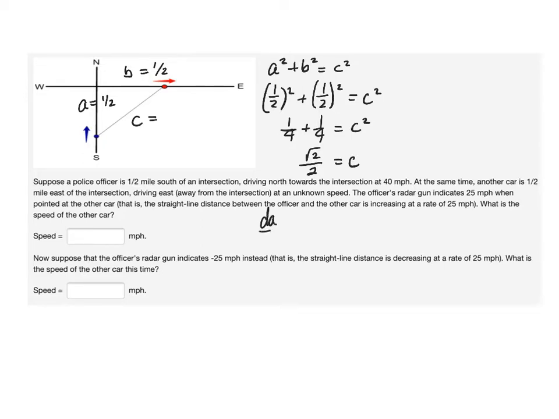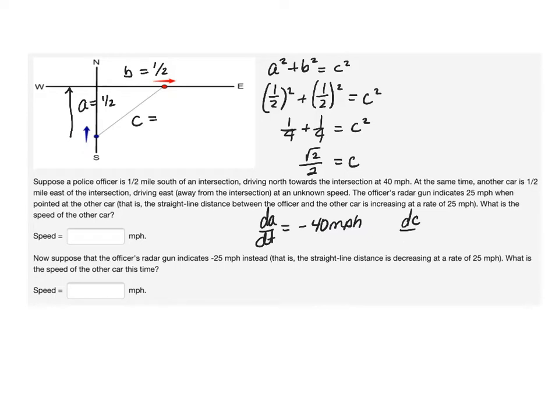Now, they're also giving me the derivative of the police officer's speed with respect to time, the dA dt, and this is going to be a negative 40 miles per hour. The reason it's negative is because in this direction, we are going closer to the origin. That means the distance is decreasing, so my dA dt is a minus.